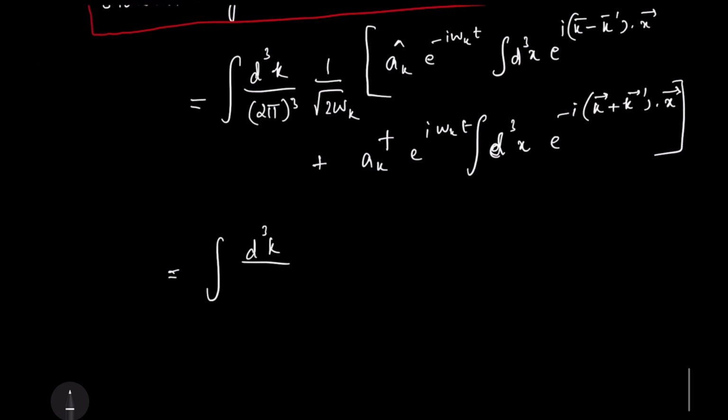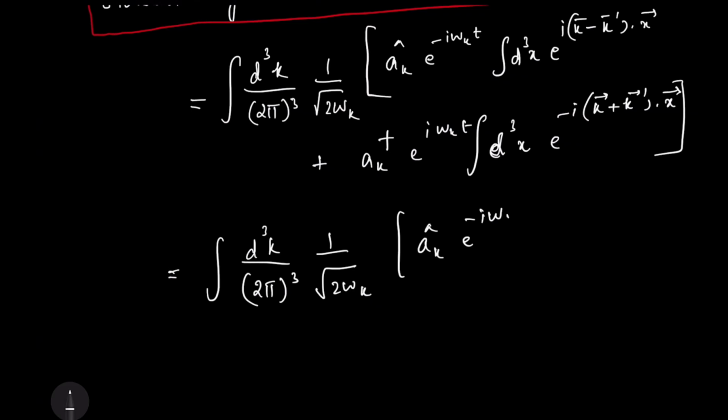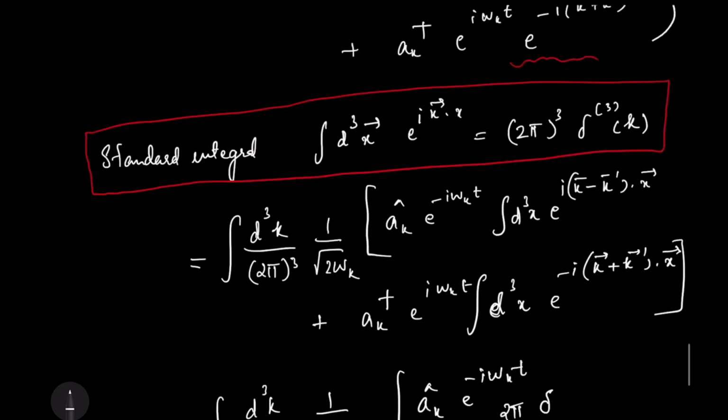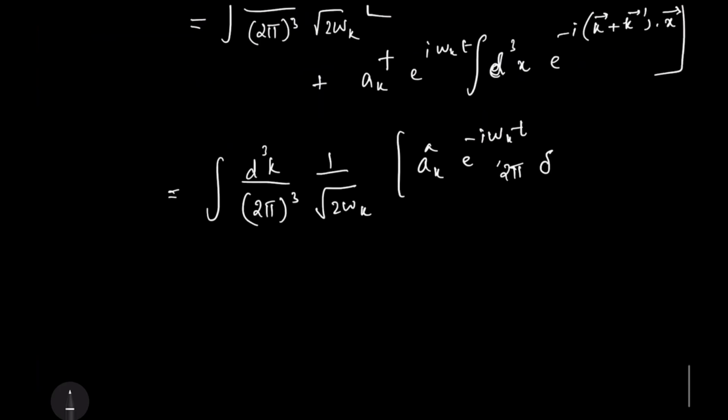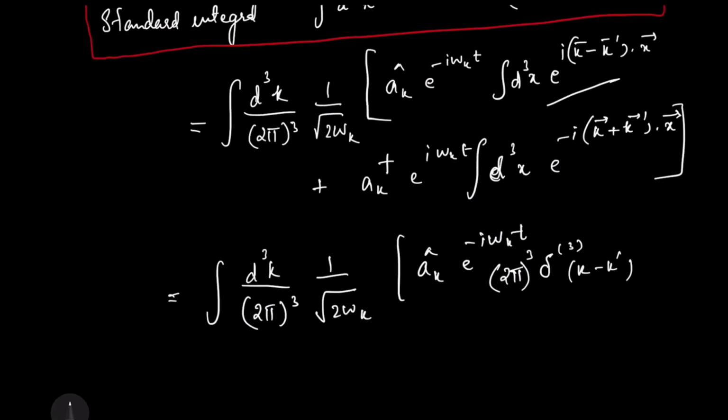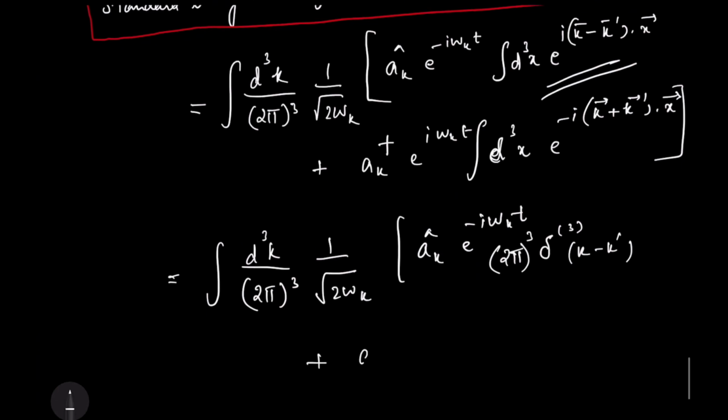So d cube k by 2 pi cube, 1 by root of 2 omega k, ak e raised to minus i omega kt, then I'll get 2 pi whole cube del cube of k minus k prime, plus ak dagger e raised to i omega kt, 2 pi cube del cube of k plus k prime.